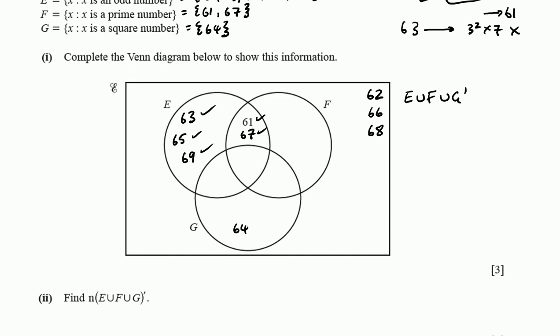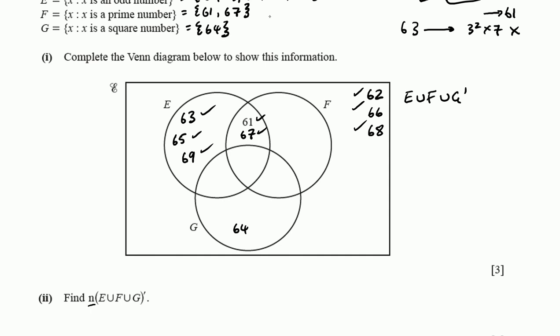Also in F, well, there's nothing in F I haven't accounted for. Or not in G. Everything I've already ticked is not in G, but I also now get to tick the 62, 66, and 68. Remember, the union symbol means I can satisfy any of these conditions or only one of them. So the only one of these numbers that doesn't satisfy this condition is 64, the number that's only in G.